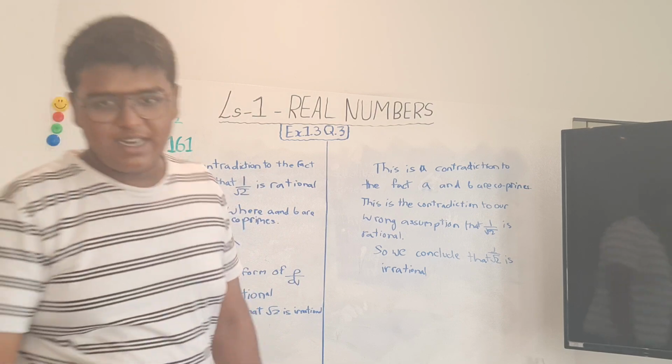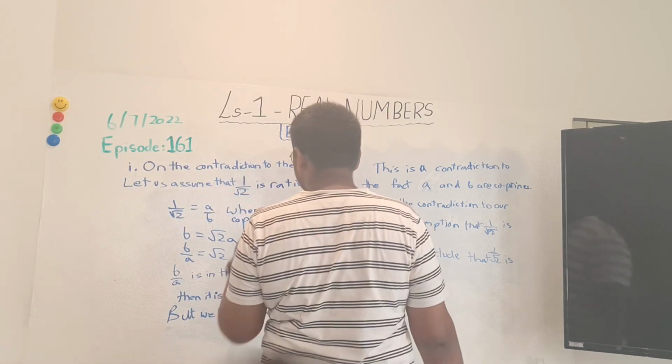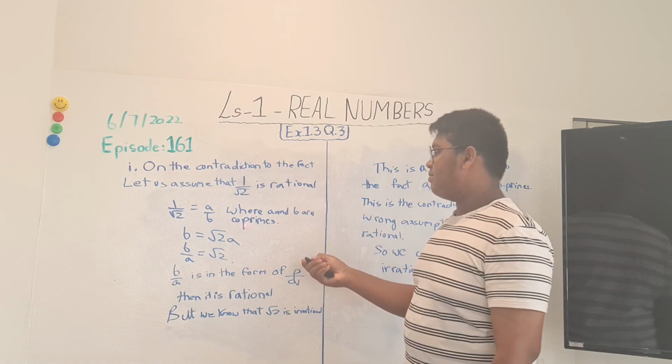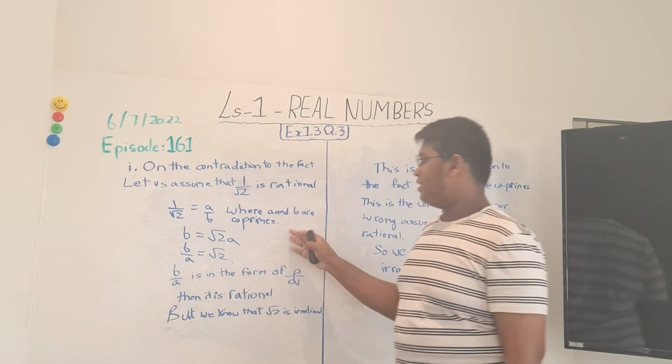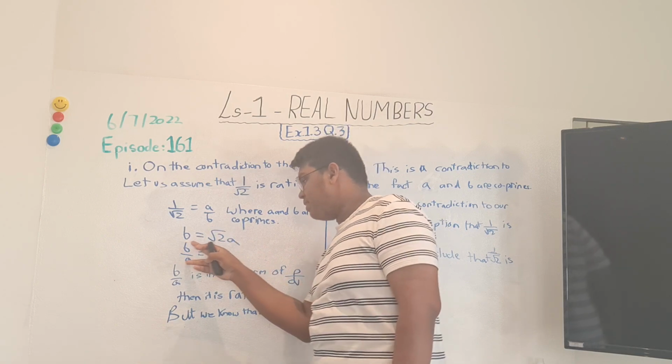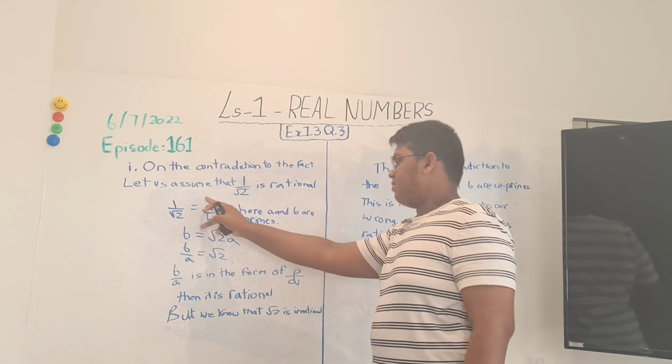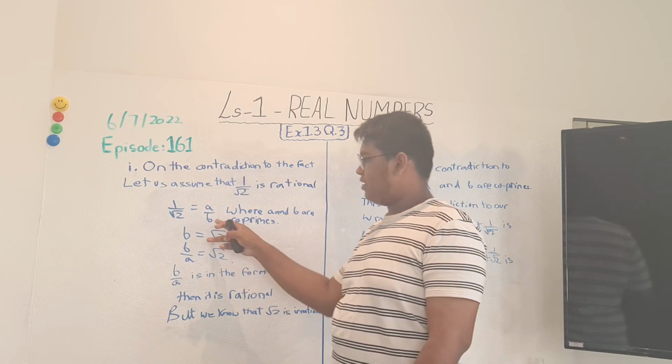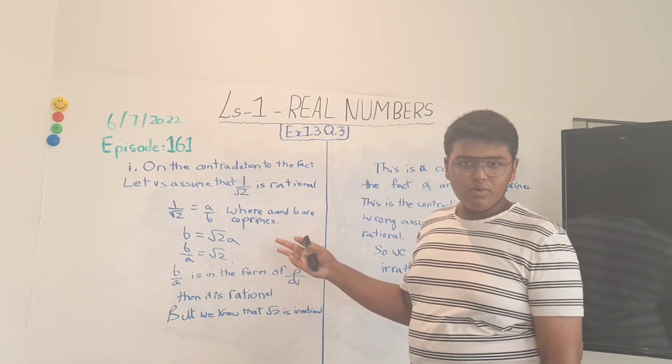So when we assume it as rational, we can take it as a by b, where a and b are co-primes. If we cross multiply, we get b equals root 2 a.